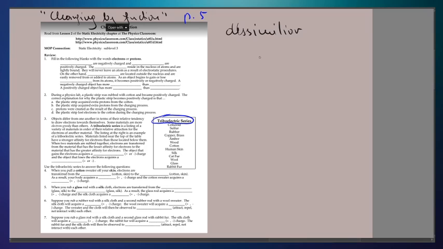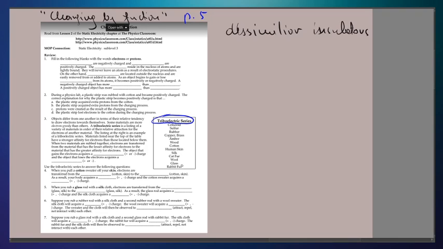We'll get to conductors in a bit, so for the moment we're only considering insulators. If you rub dissimilar insulators, electrons will be transferred. They'll just move from one place to another. Now the question is, which way will they go? And to determine that, you will use a Triboelectric Series.